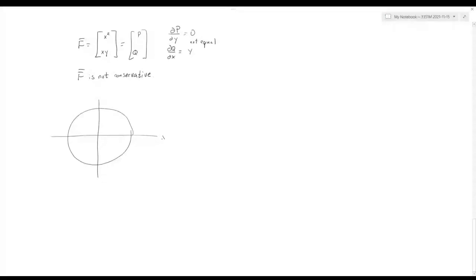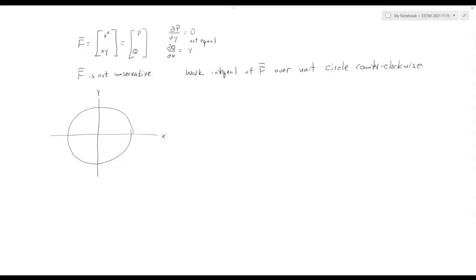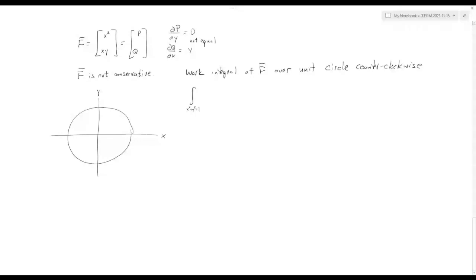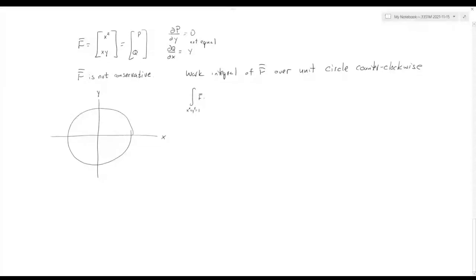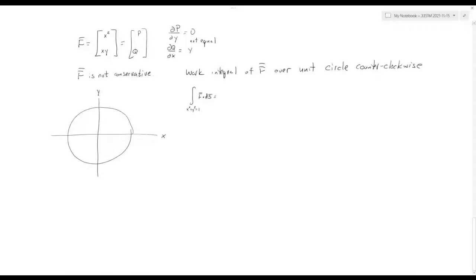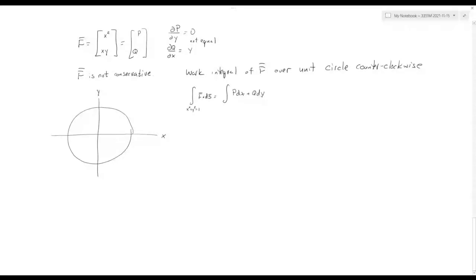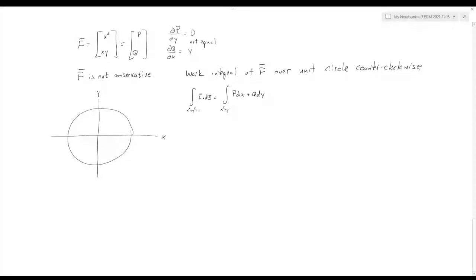But let's say we want to do the work integral over the unit circle, counterclockwise. If you wanted to do this integral directly, we know that we should be doing the integral over the circle of F dot ds, which is just P dx plus Q dy as a one-form.